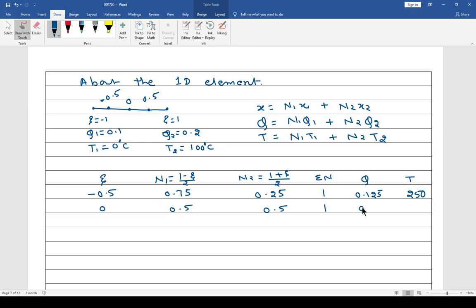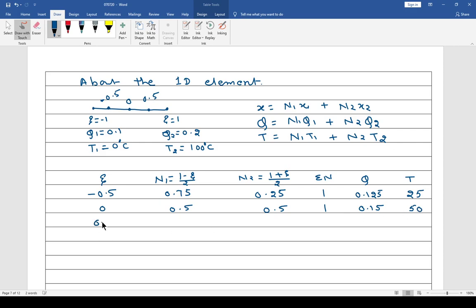Then for 0, this is 0.5, this is 0.5, the summation of N is 1, and Q should be around 0.15. And this has to be 25, not 250. I made that a 250. This should come 50.